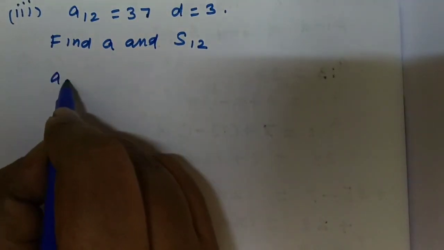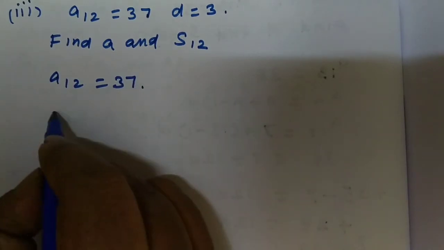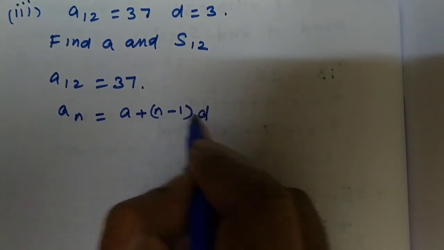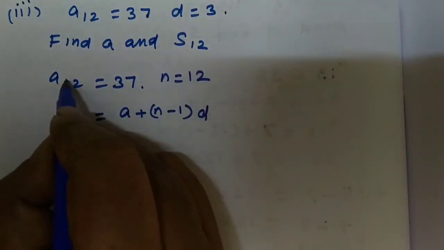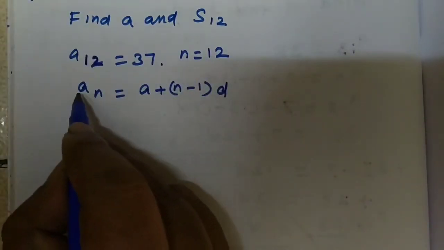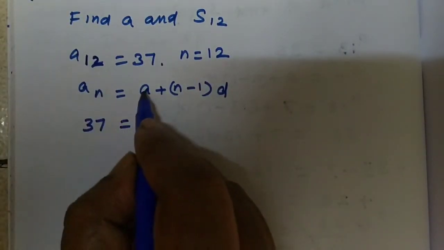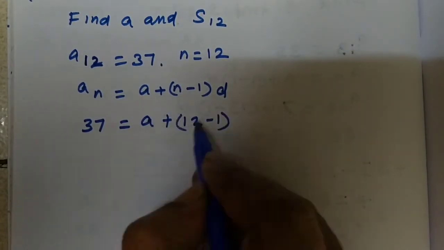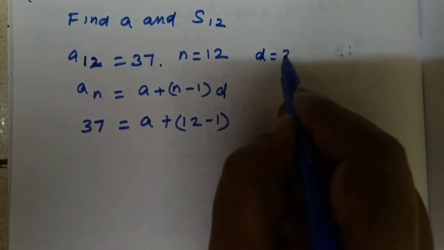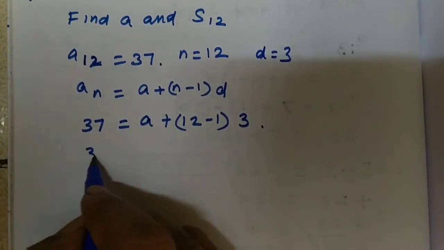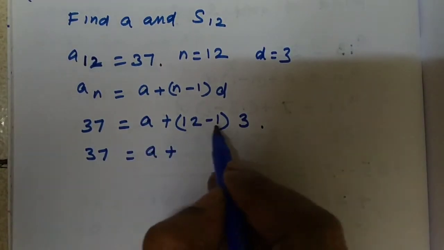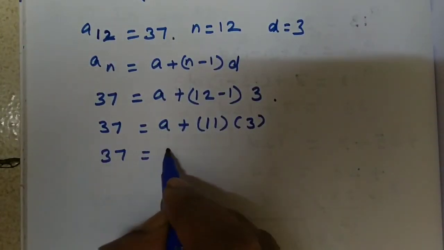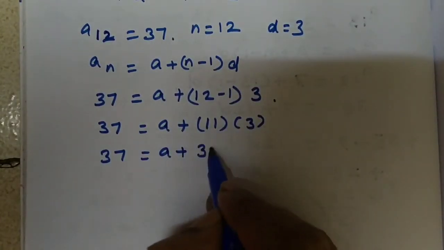The value of a12 is 37. The formula for an is a plus n minus 1 into d. The value of n is 12. an is 37. Value of a plus, the value of n is 12, minus 1 into d is 3. 37 equals a plus 12 minus 1 is 11 into 3. 37 equals a plus 11 3s are 33.